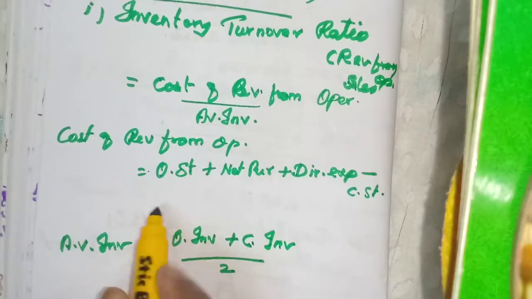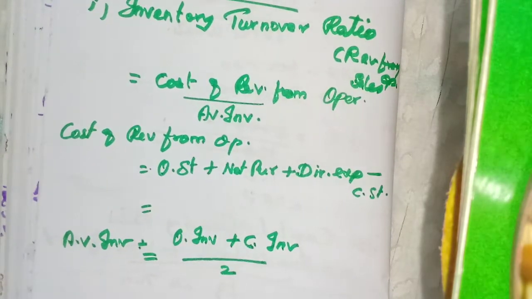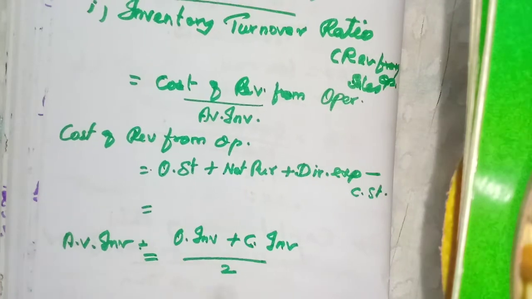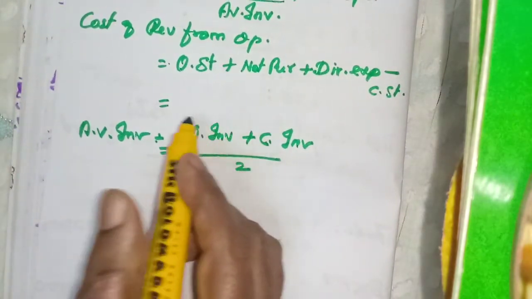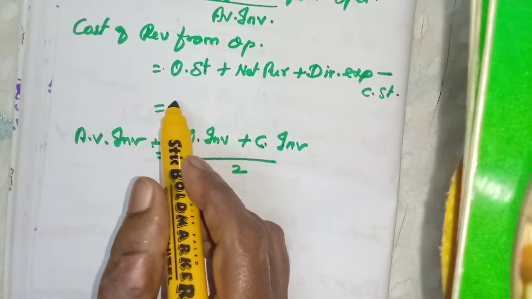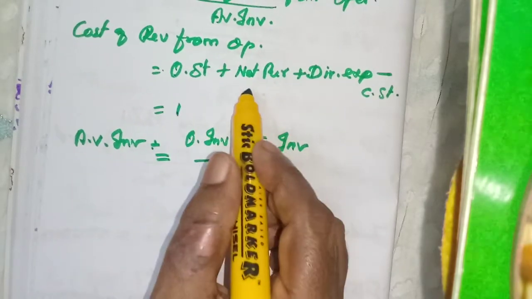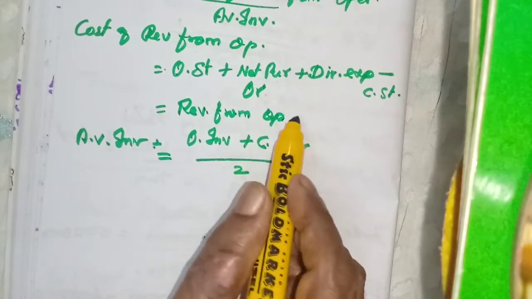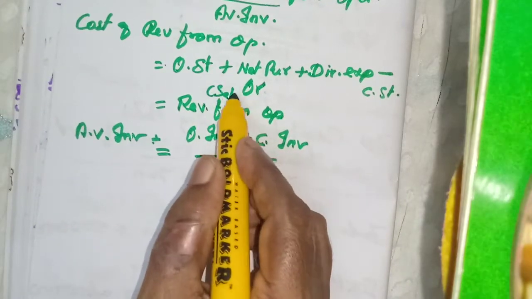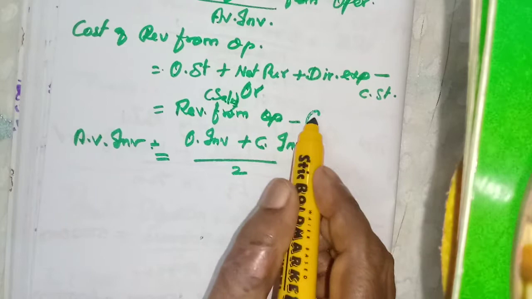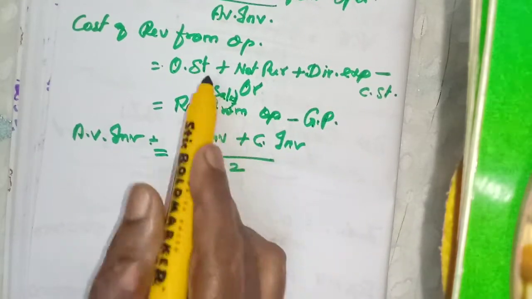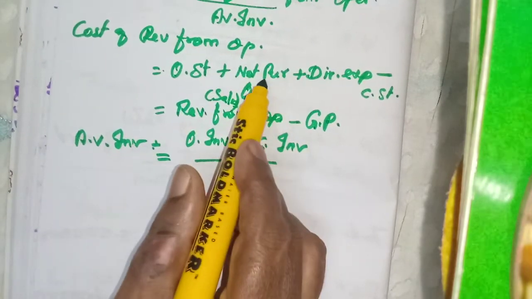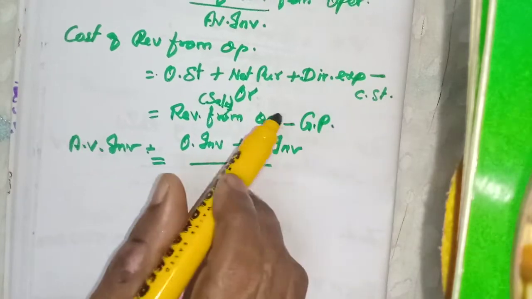Cost of revenue from operation can also be calculated from the revenue from operation, with another formula. Revenue from operation means sales minus gross profit. This amount and the amount from opening stock, add purchases, add direct expenses, minus closing stock will be the same.